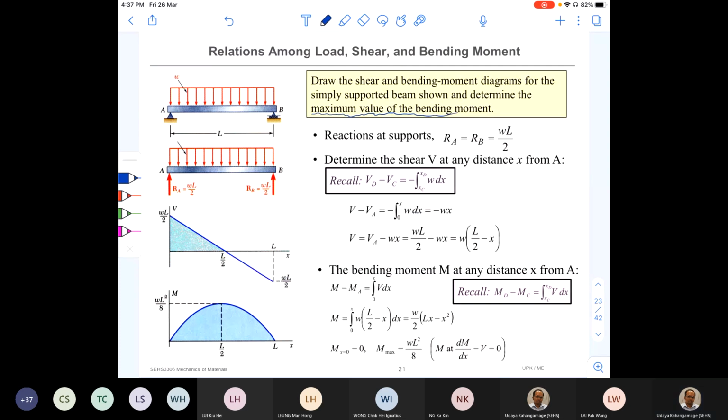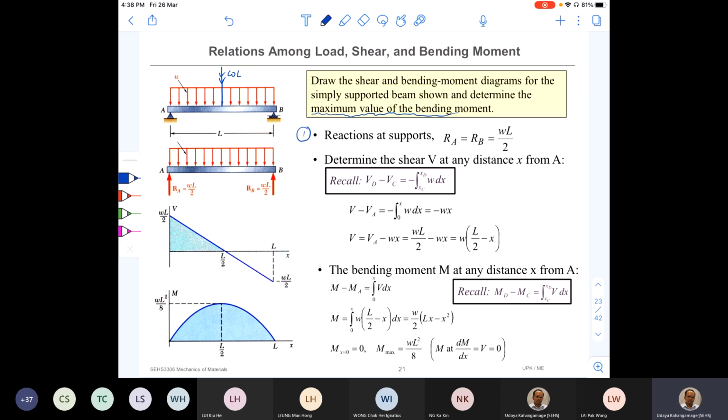Starting point, again, always you need to find out the unknown reaction forces. Right? In this case, by observation, I can write the reaction force. I think you can do the same thing, because loads are uniformly distributed. Therefore, support reactions A and B are going to be the same, and they are going to share the total load. Therefore, if you mark the equivalent concentrated load, the total load should be w into L, right?